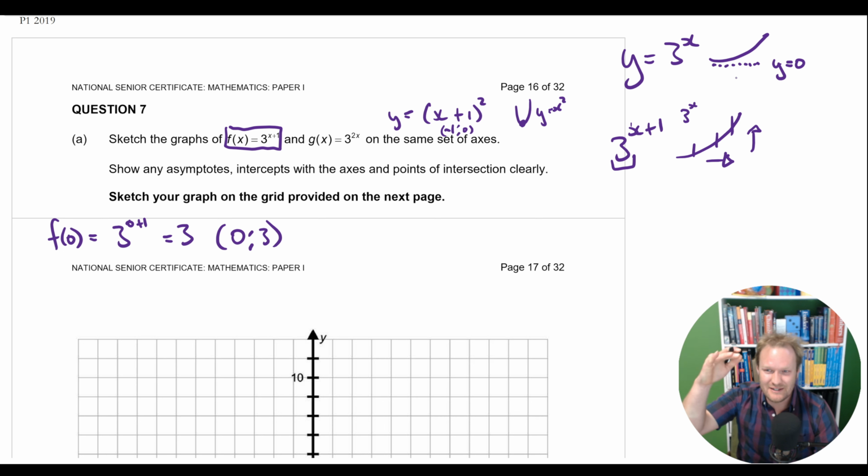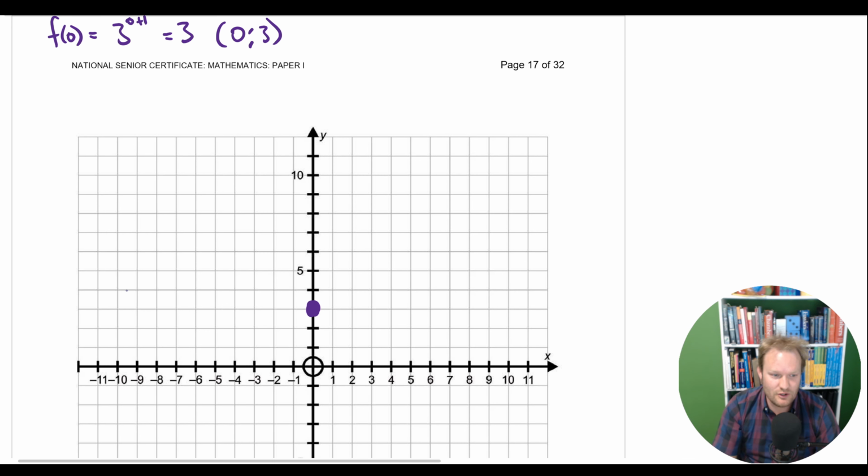It never crosses the x-axis because 3 to the power of anything, 3 to the 1, 3 to the minus 5,043, is going to be a positive value. So therefore, on the x-axis, y equals 0 will be an asymptote.